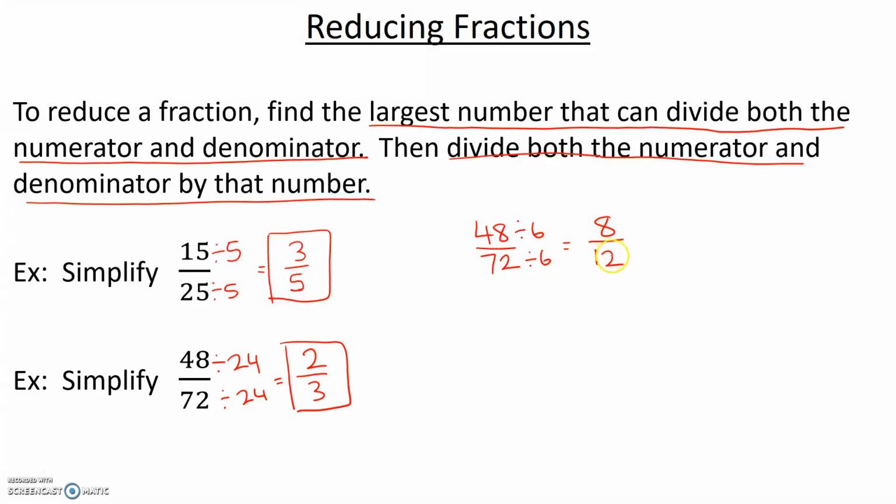In other words, is there a number that can divide both 8 and 12? So in this case, because I did not pick the largest number that can divide 48 and 72, this fraction 8 over 12 can be reduced further. We can divide both 8 and 12 by 4, which will result in 2/3, and that's the same exact answer we got, except here we did it in one step, here we needed 2 steps.